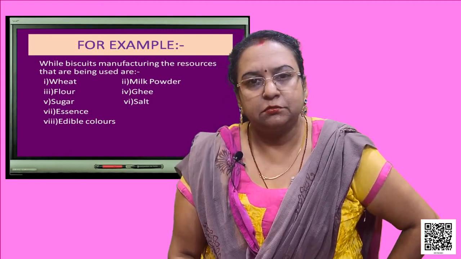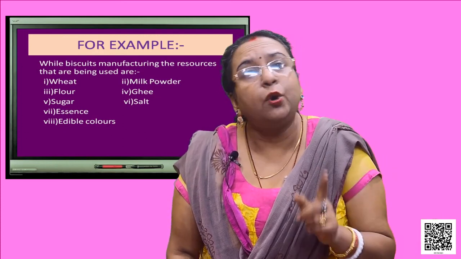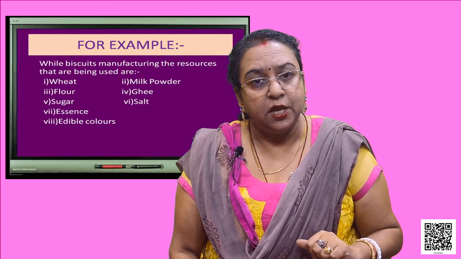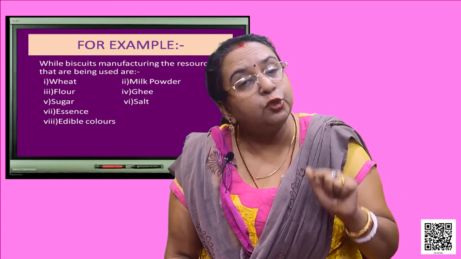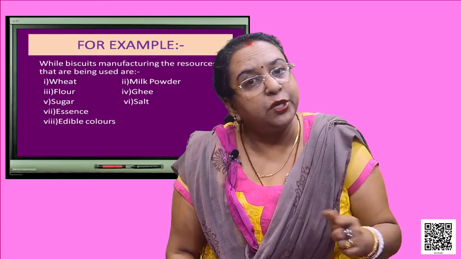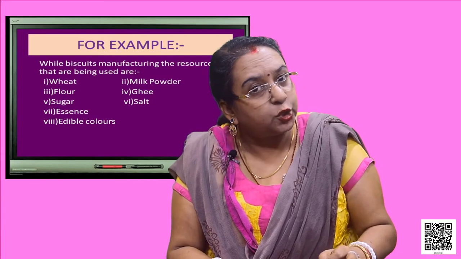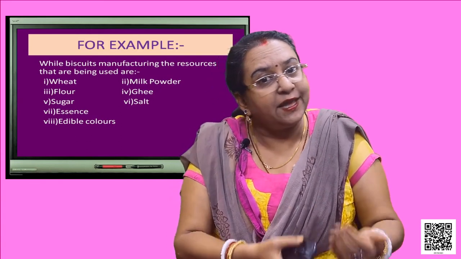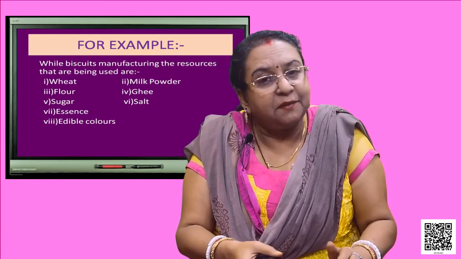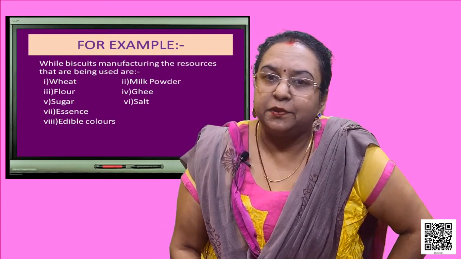Can you? Of course not, because you don't know how to make a biscuit. If you know how to prepare a biscuit, then only you can add those things according to their proportion, then coordinate them, assemble them, and finally this biscuit will come up, okay?